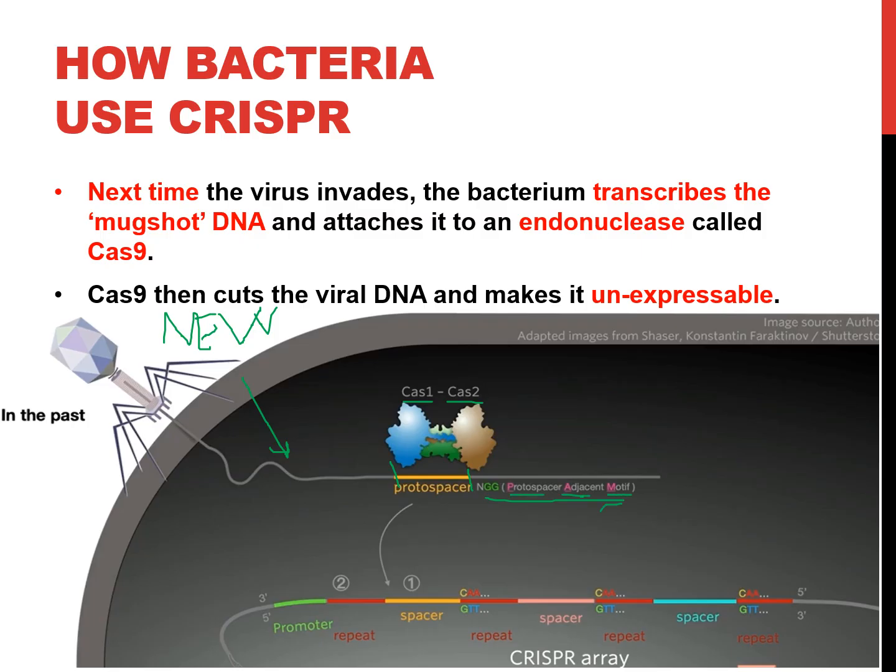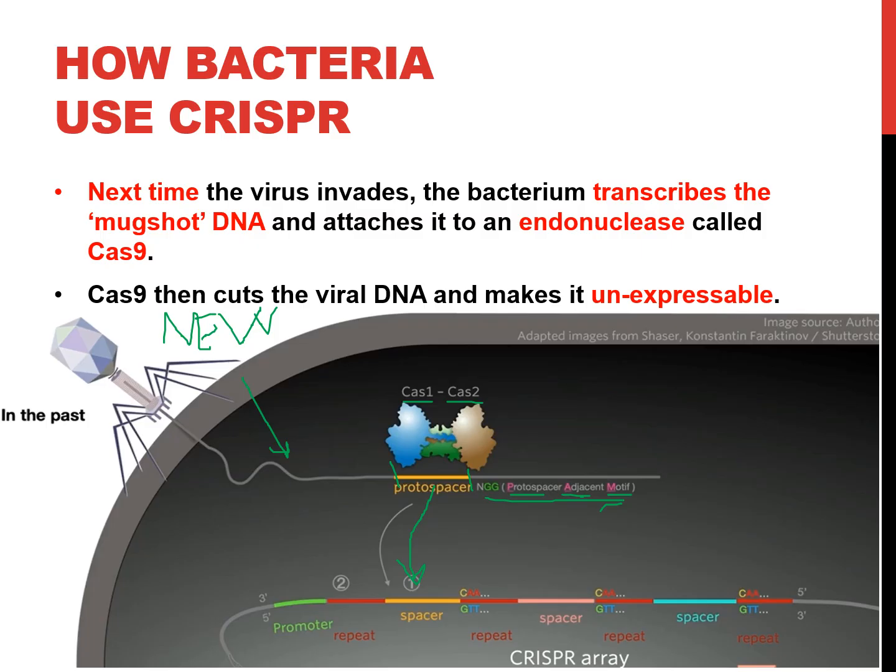That's what PAM stands for. They're going to find that in this piece of DNA, cut that out on either end, and put it literally into the CRISPR array, which is the bacterium's own genome. So it's going to add it to its own spaghetti DNA, as I like to call it.